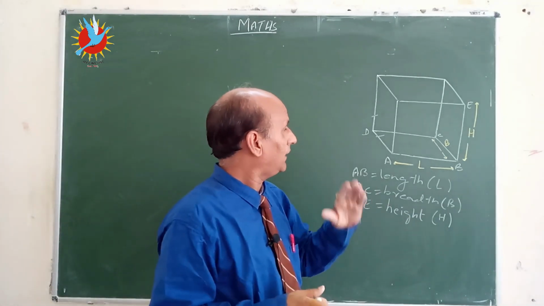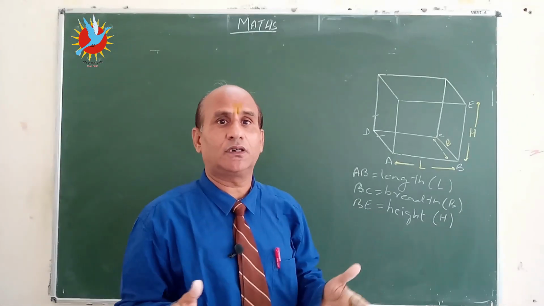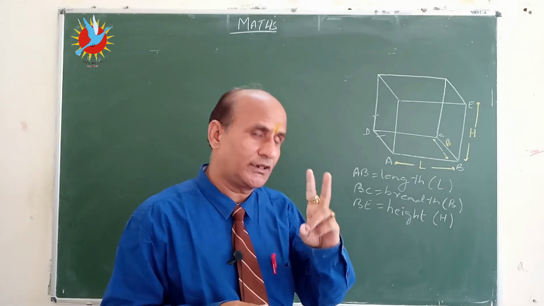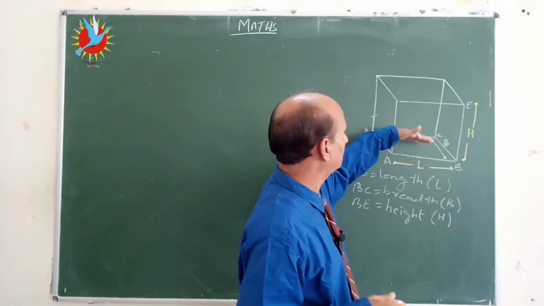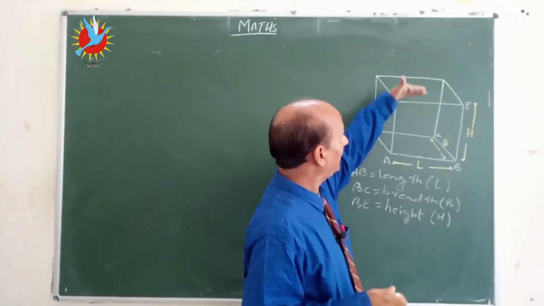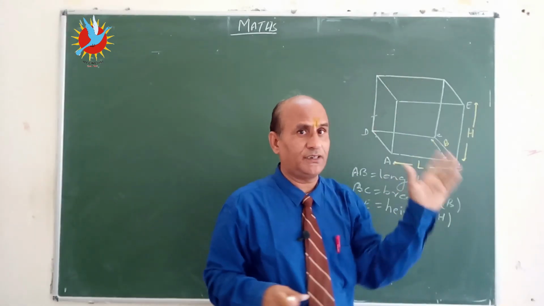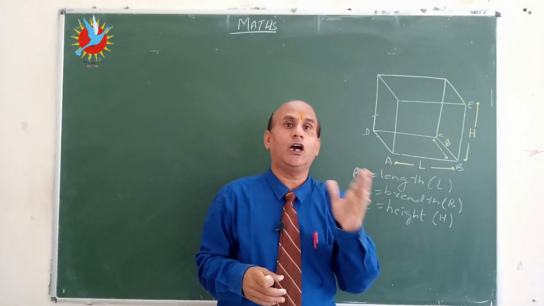Now when I am talking about the area of the 4 walls, it means 2 surfaces we are neglecting. Which 2 surfaces? One is the floor and the second is ceiling. It means we are considering only the area of 4 walls.